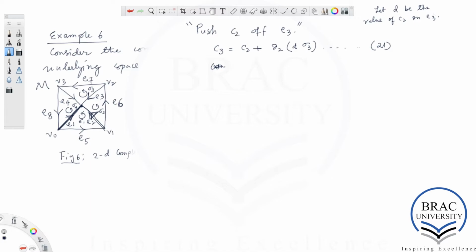So now the claim is that if I write C3 as C2 plus del 2 times D times sigma 3, then for this chain C3, the value of C3 on E3 will be 0. That's the claim.